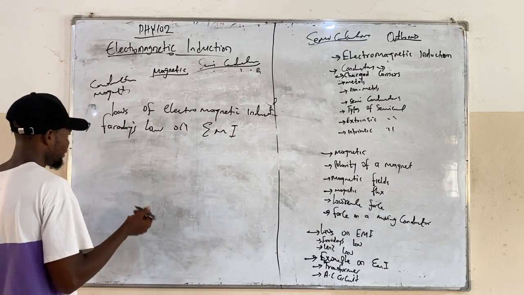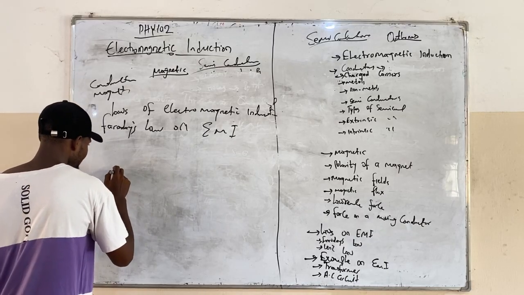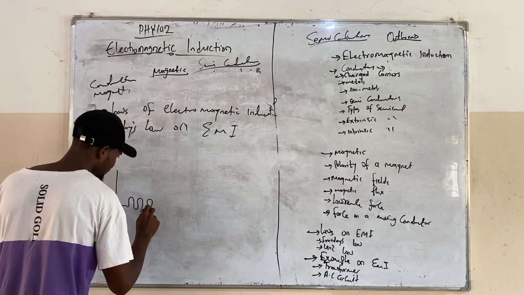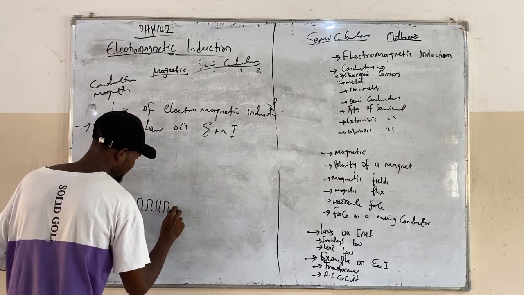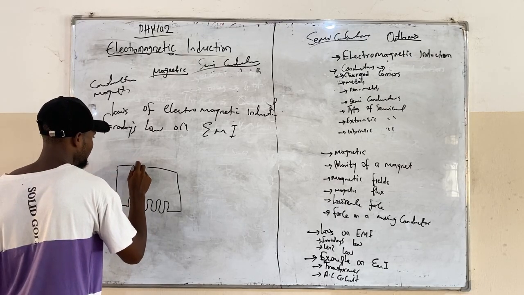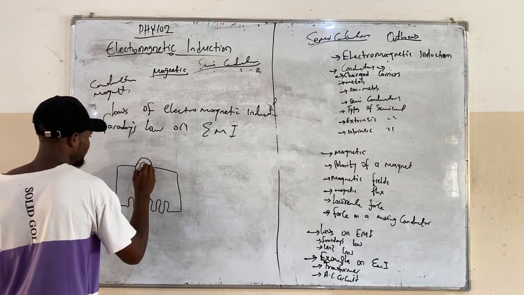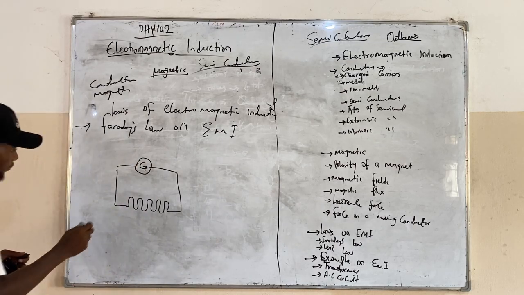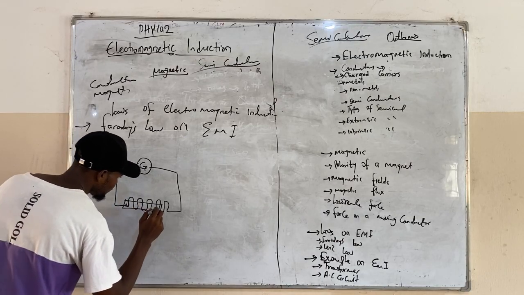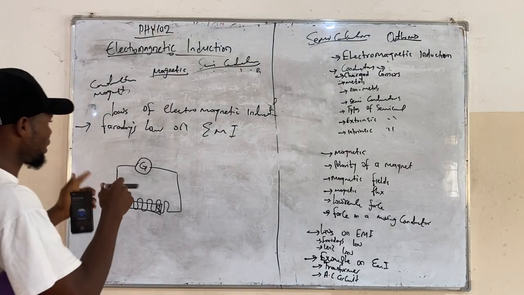He had an idea of a whole circuit. Take for instance, Faraday had an ideology of the whole circuit like this.